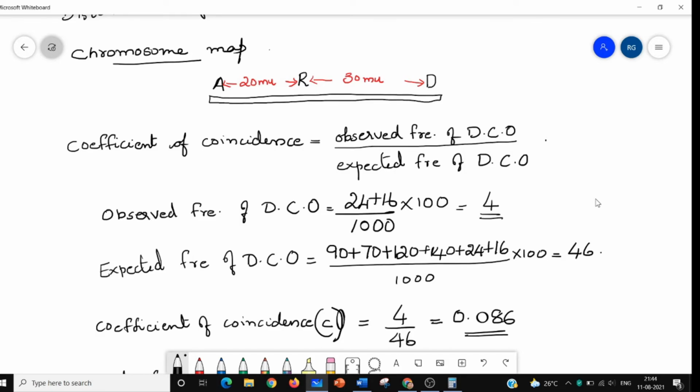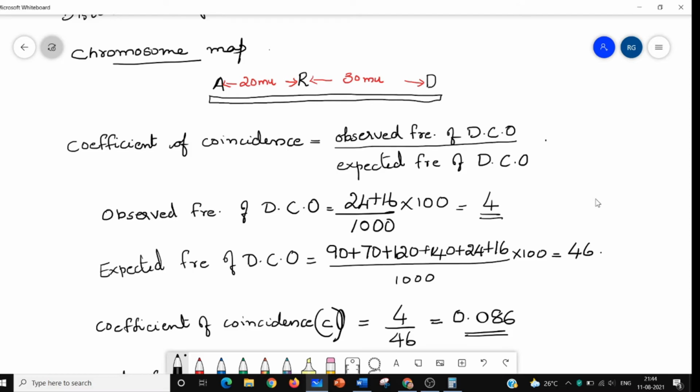Now you have to find out the coefficient of coincidence. As you know, coefficient of coincidence is related to the occurrence of crossing over between the 3 genes at the same time. It is calculated using the formula as you can see here: observed frequency of double crossovers divided by expected frequency of double crossovers.